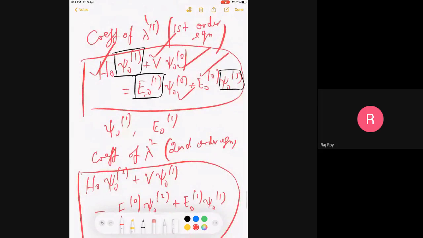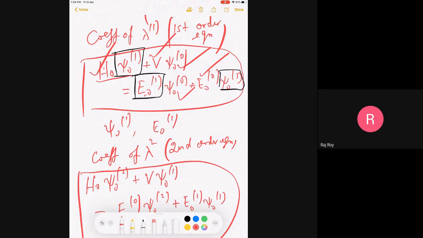Look at the first order equation. How have I written it? I have terms on the left hand side which come with the Hamiltonian and psi. Remember, left hand side is H psi, right hand side is E psi. So there are two terms, H acting on psi on the left hand side. Total order on the left hand side must be 1.